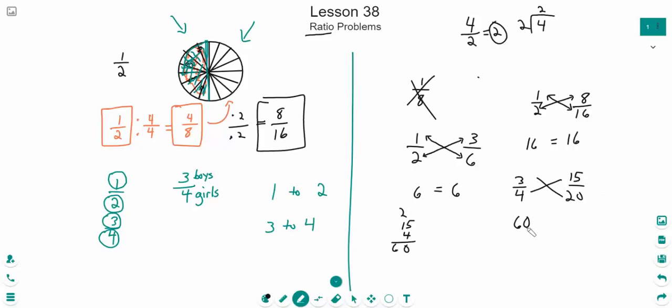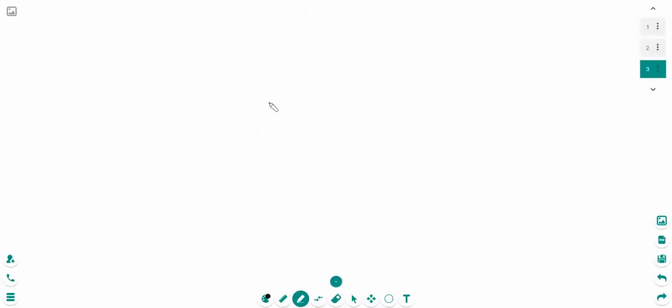And 3 times 20, well, that one we should be able to do easily in our head. That's going to be 60 as well. And lo and behold, 60s are what we get for both of them. Therefore, 3/4 and 15/20, they are equal. They are equivalent fractions.